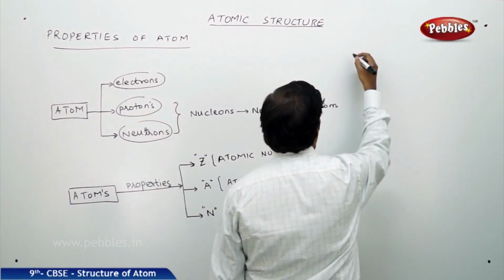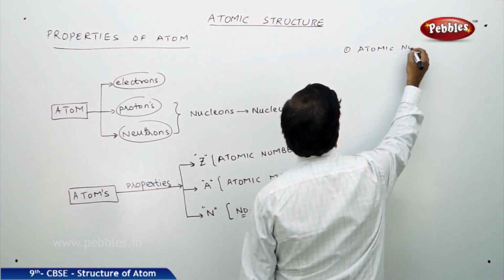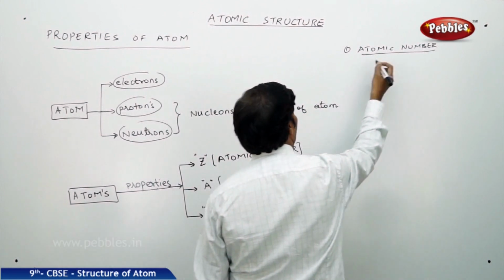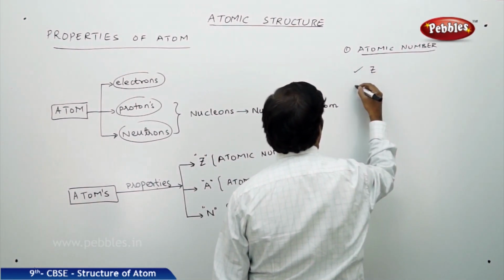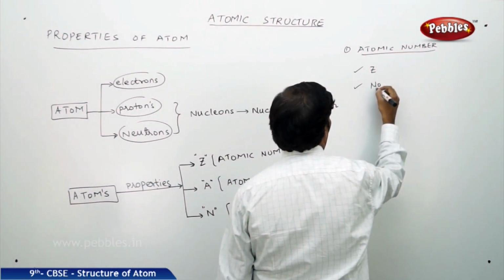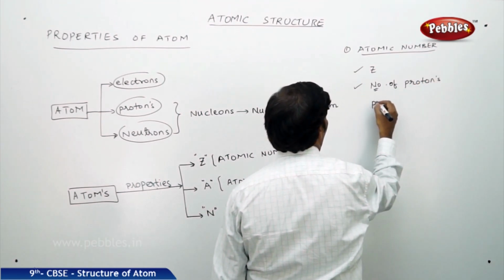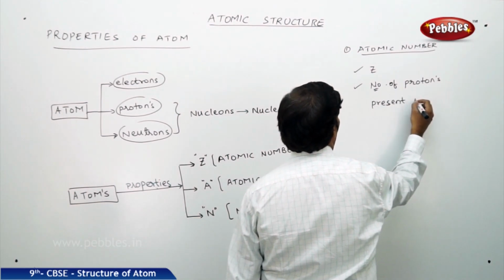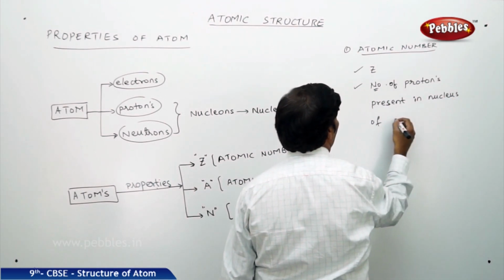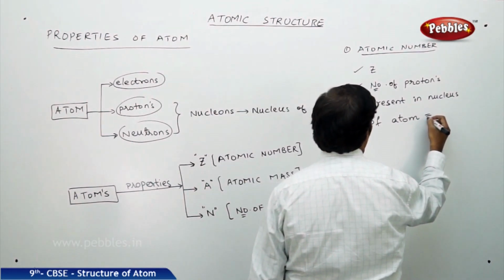First, atomic number of an atom of an element is designated by the symbol Z, and atomic number of an element is always equal to the number of protons present in the nucleus of atom. Number of protons present in nucleus of atom is simply called atomic number.